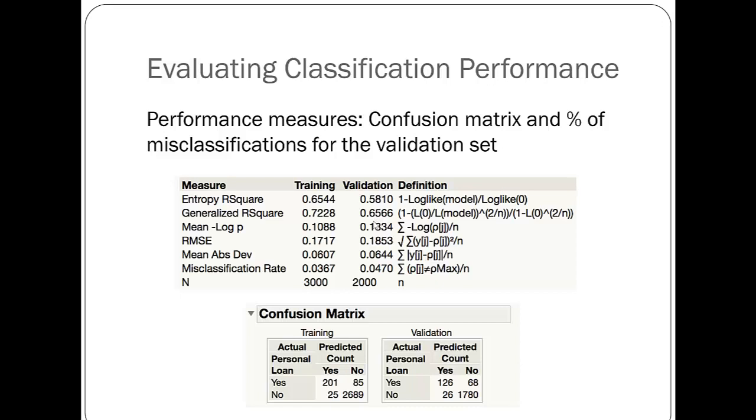But what we're really looking for with classification, as discussed earlier, is the misclassification rate on the validation set. That's going to be the one that really tells us how well this model is predicting. And in fact, if we have several models that we're comparing and we choose based on the validation data set, this is a situation where it might come in handy to also use a test data set in order to see how the model is going to perform on new data once we've selected it.